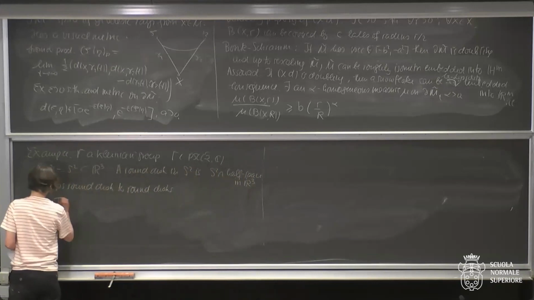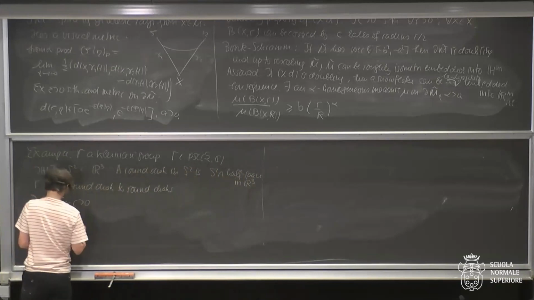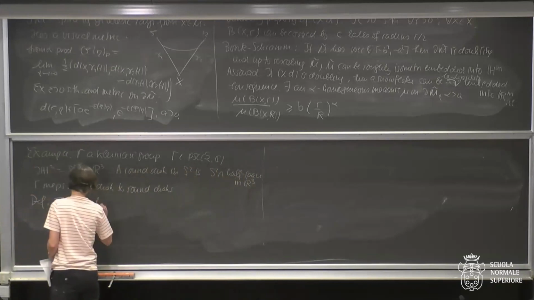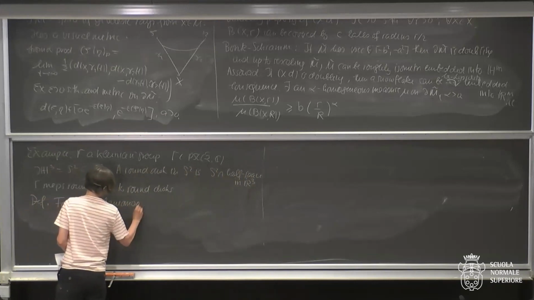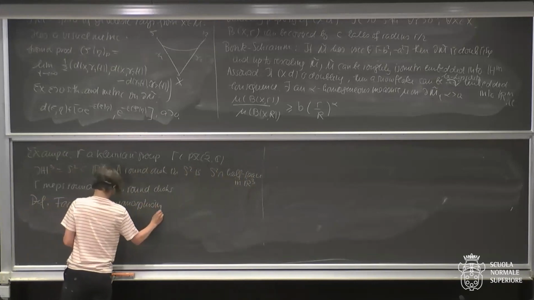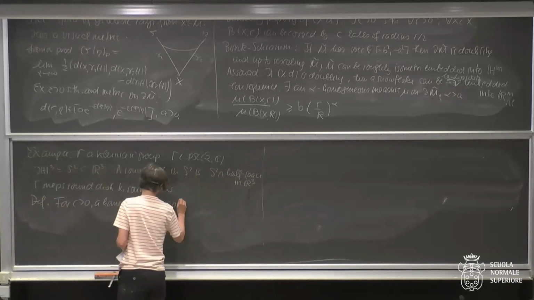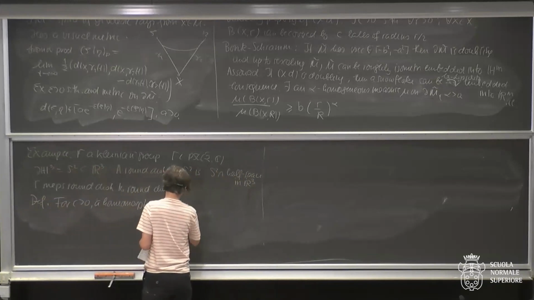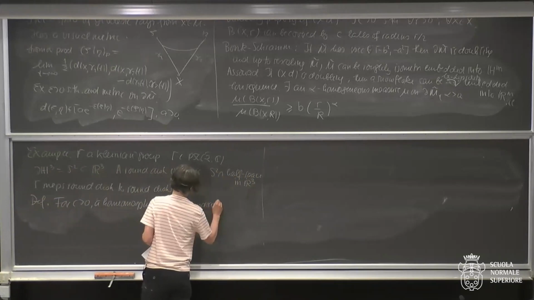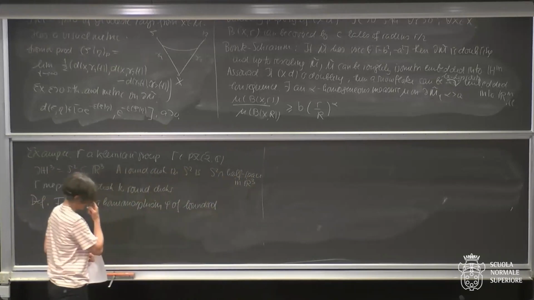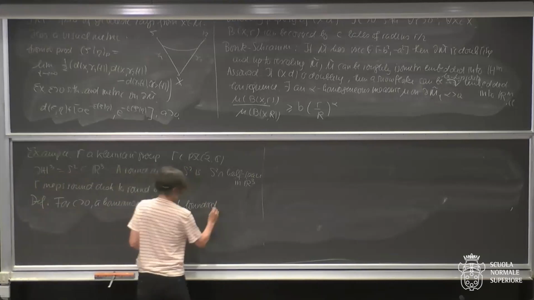So for C bigger than 0, a homeomorphism phi of a metric space, and now I want the metric space to be bounded. Boundaries of Gromov hyperbolic spaces are always bounded metric spaces.